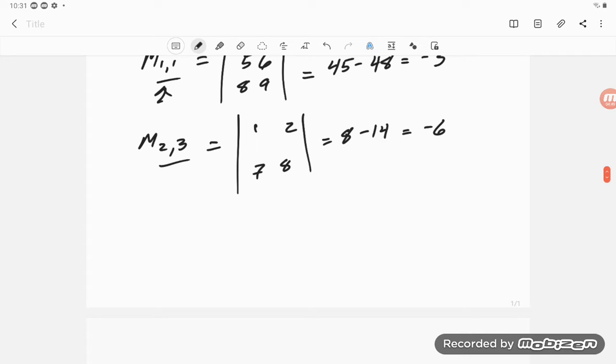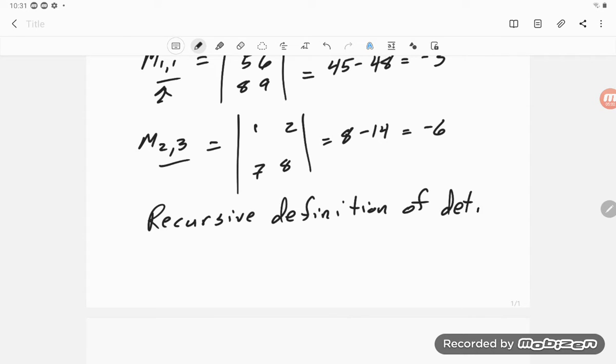And so now here's our recursive definition of the determinant of A for any n by n matrix.